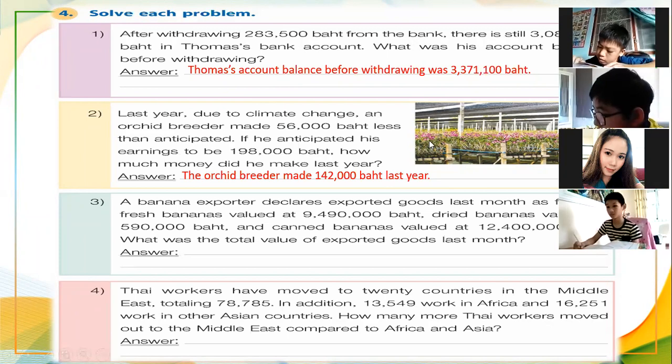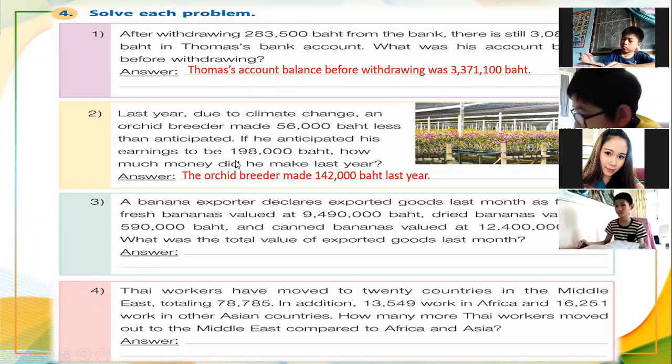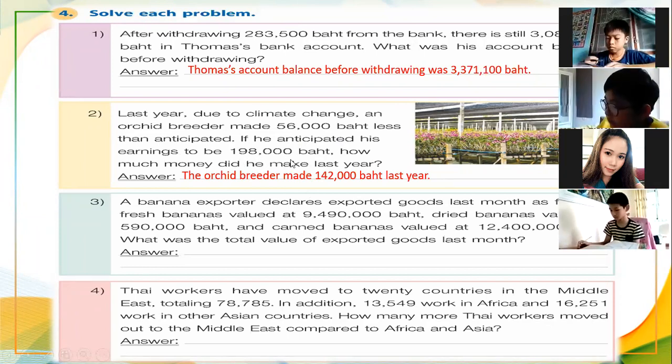So here we have two amounts: 56,000 baht, and the anticipated earning of 198,000. From the expected earning of 198,000 baht, we subtract 56,000, which is less because of the climate change. So if we deduct the amount, we have the answer. The orchid breeder made 142,000 baht last year.